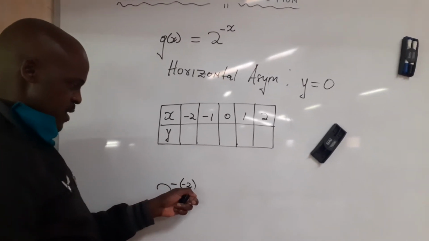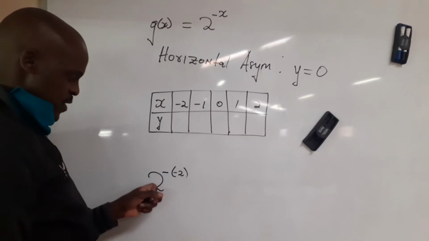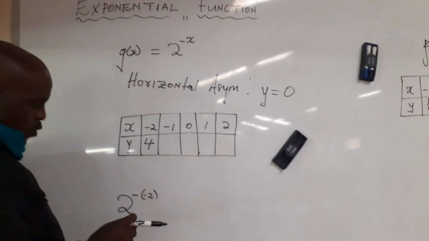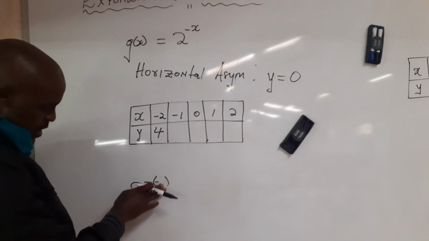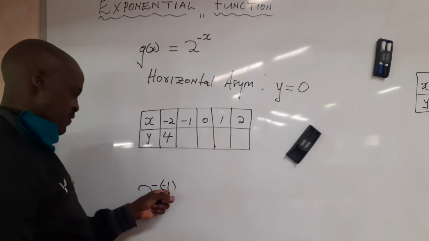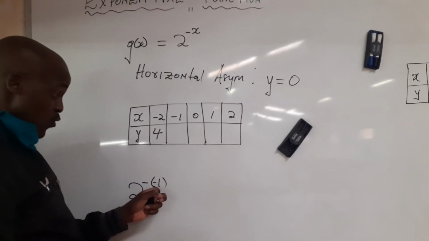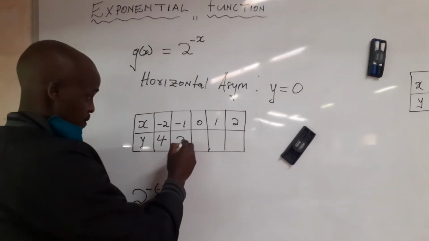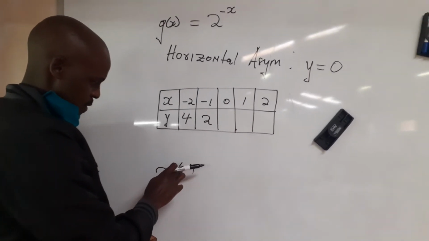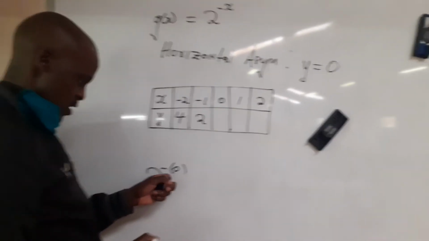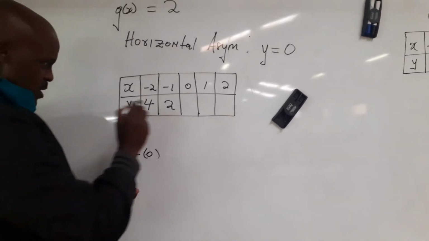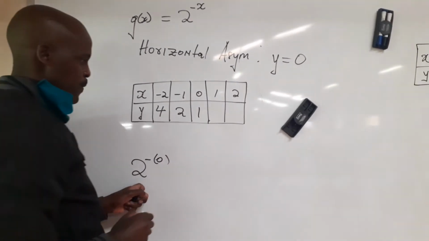So negative times negative, it's positive. This would be 2 exponent 2, which is 4. When we put negative 1 here, negative times negative is positive 1. 2 exponent 1 is 2. Let's put 0 now in the place of x. If x is equal to 0, negative times 0 is 0. Any number exponent 0 is 1.